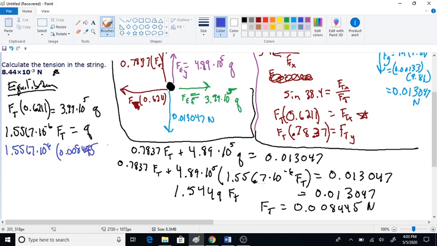I basically took this and plugged it in there. Sorry about that. It looks a little bad. Equals Q. And when you multiply those two, I get a Q of 1.3147 times 10 to the minus 8th.